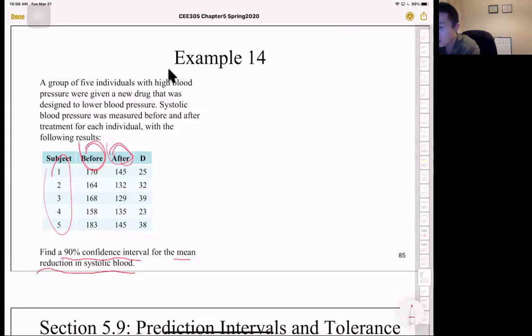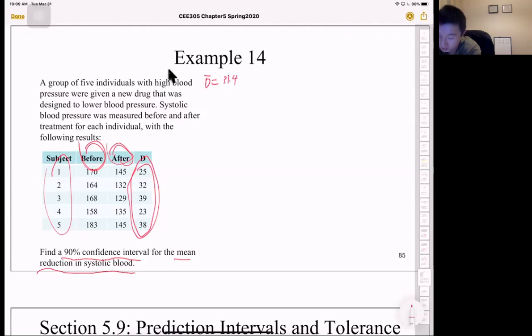First of all, we can calculate the mean value of the difference: just add all these values together and divide by 5, so that is 31.4.